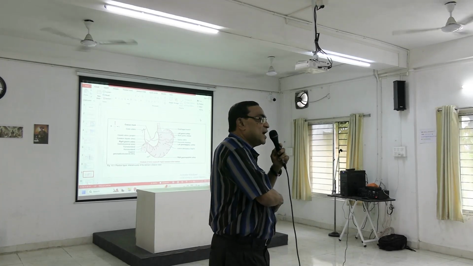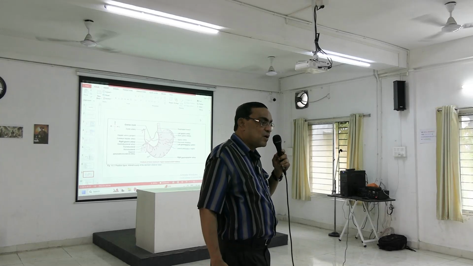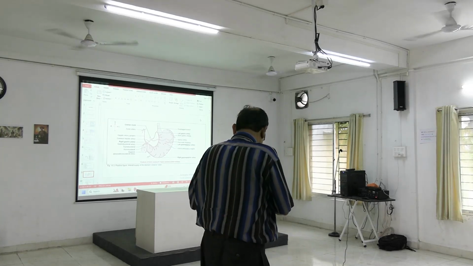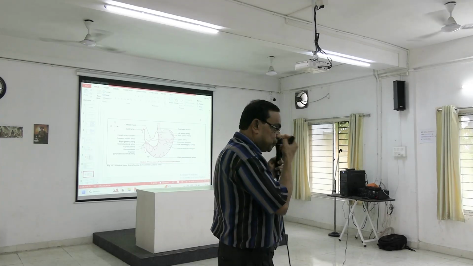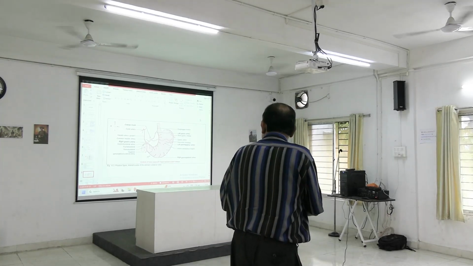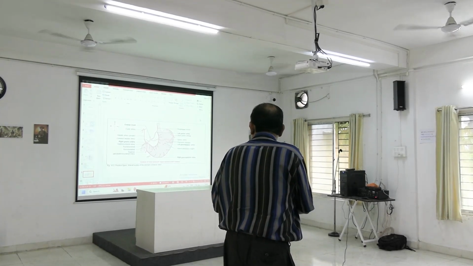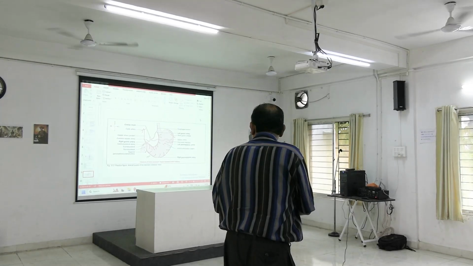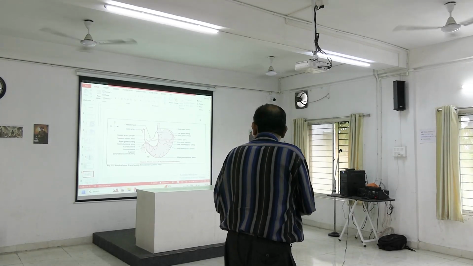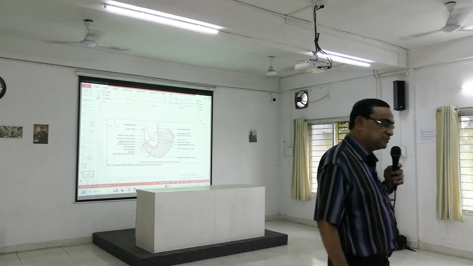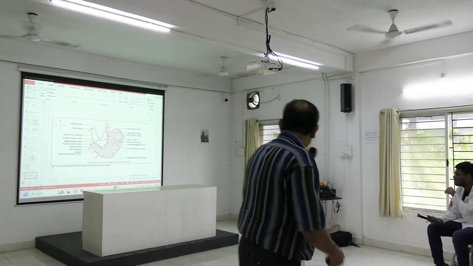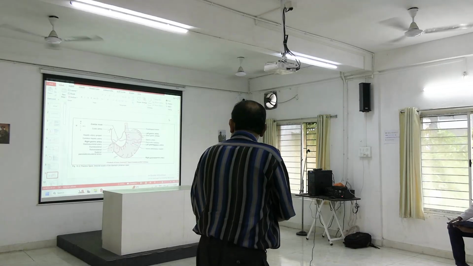Then it will end at the spleen. Okay, the tail of the pancreas will end at the spleen. So these branches will supply the stomach, and also it will give some branches to the pancreas. Okay, so those are the pancreatic branches.